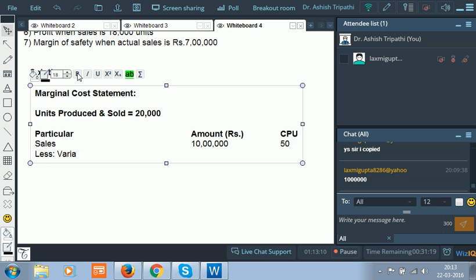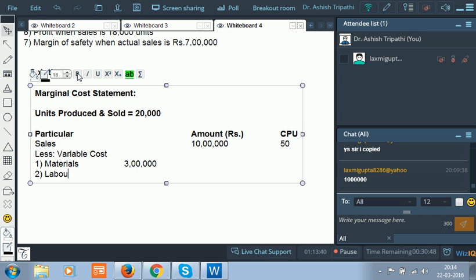From this we will subtract variable cost. That first we will take materials cost is 3 lakhs.